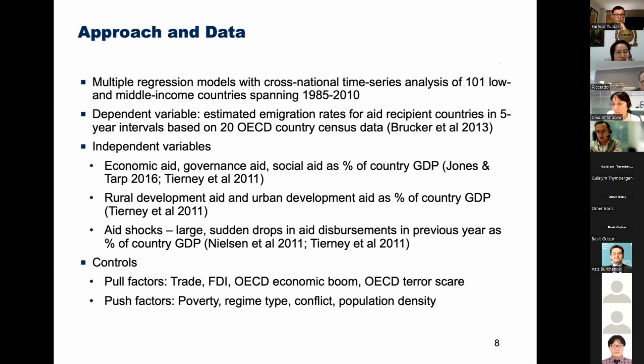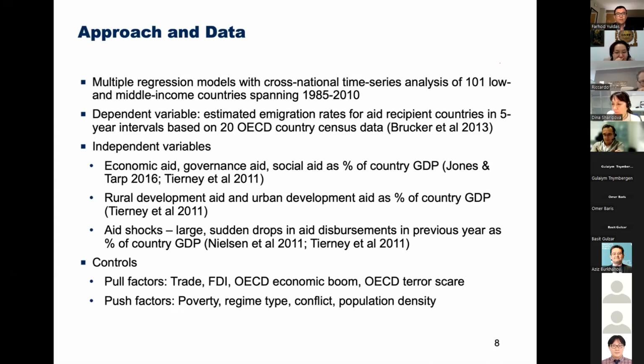So our key outcome variable, or dependent variable, was the estimated emigration rates for aid recipient countries based on the statistics of 20 OECD country census data, which we checked to see if it actually correlated with the movements of people to the entirety of the OECD countries.